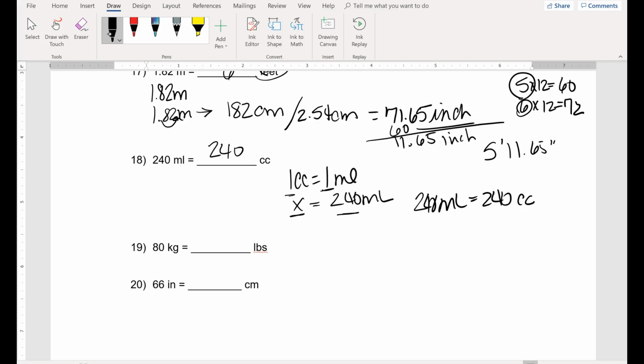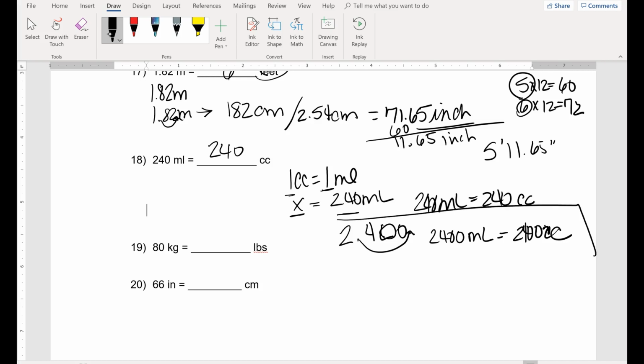Okay, so if I tell you that you have 2.4 liters, okay, how many milliliters is that? You're going to move the decimal over 2 places. Okay, so that's 2400 ml equals 2400 cc's. Okay, this is just an extra problem here. Don't let it confuse you.